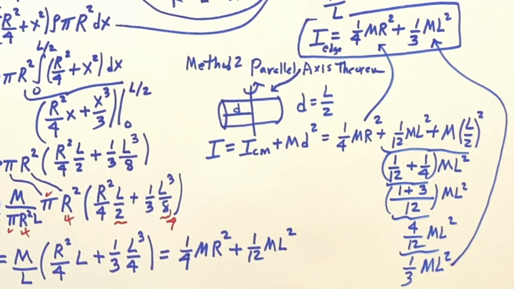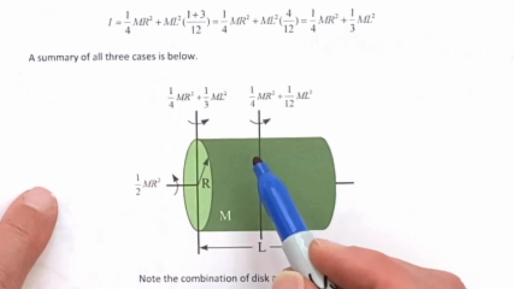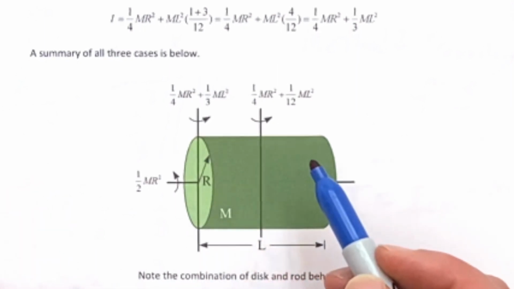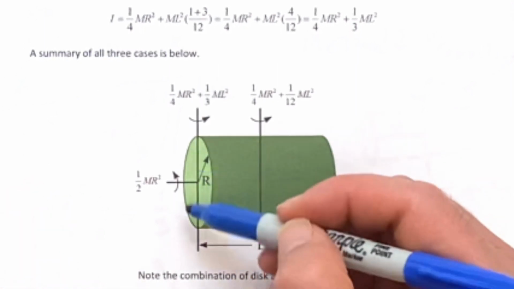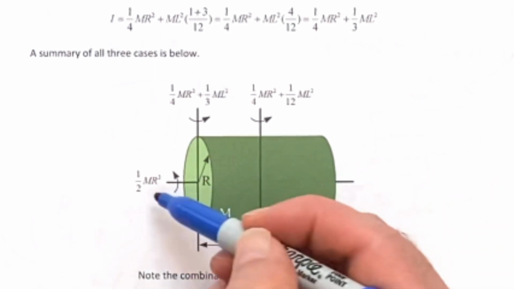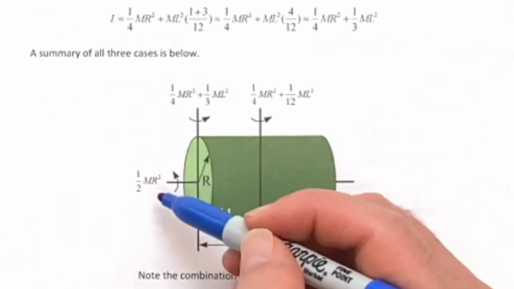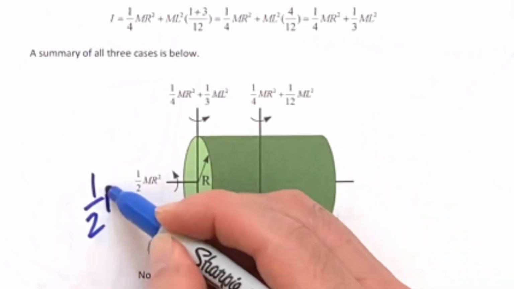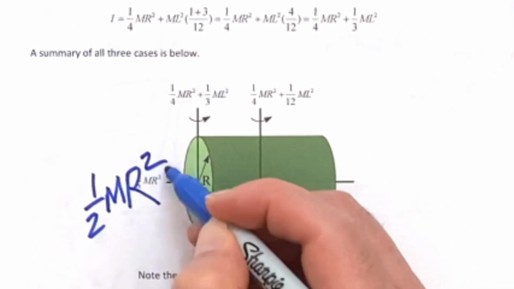It's very, very nice. And here I give a summary of the 3 cases in the book where we did one about the central axis that goes through the center of the cylinder, and that's just 1/2 m r squared.